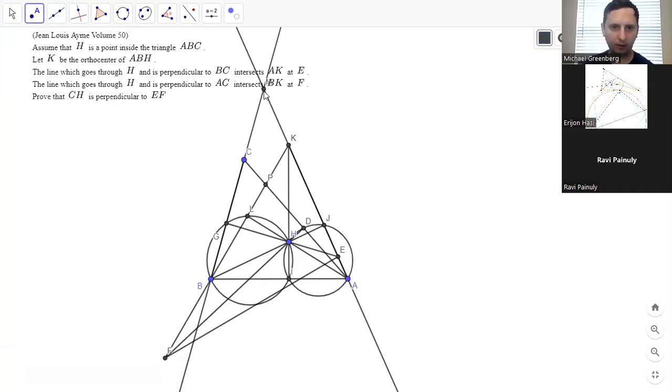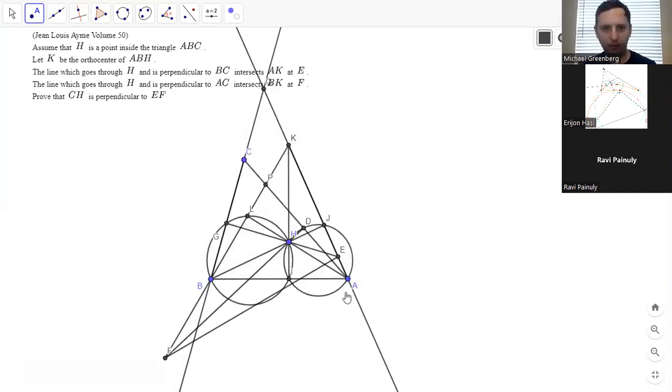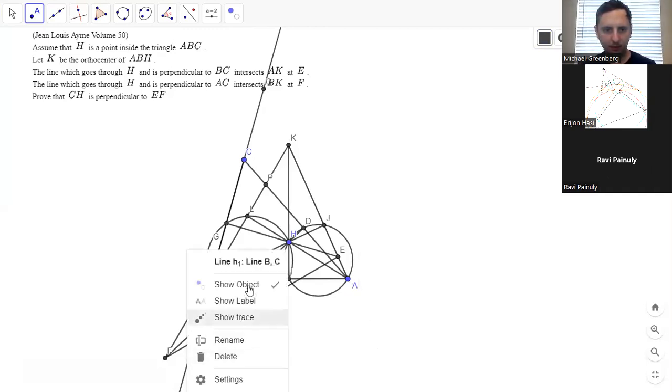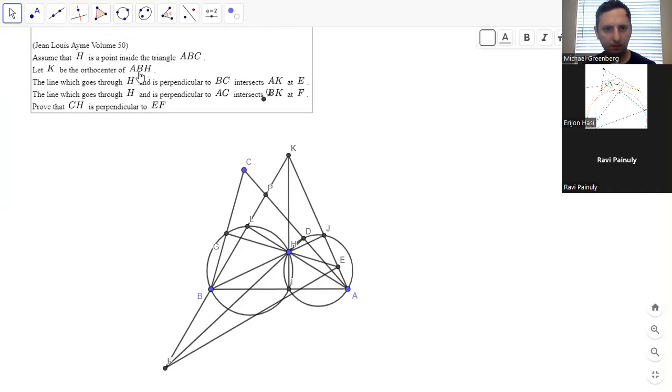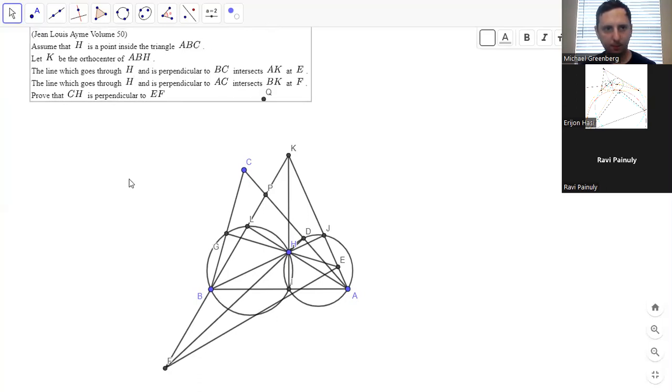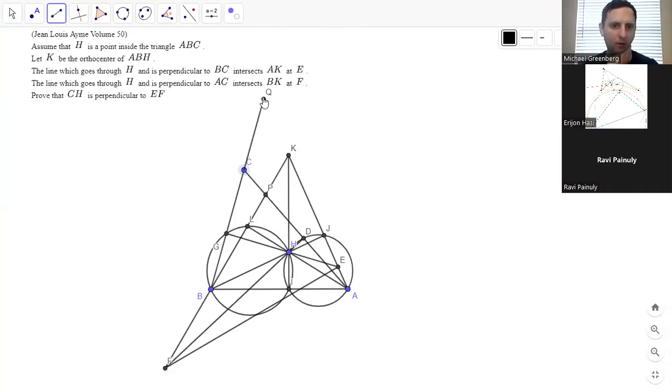So if I call that point Q, is PQ perpendicular to AB? Let's see.